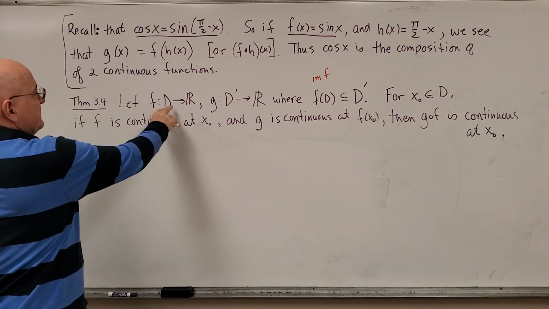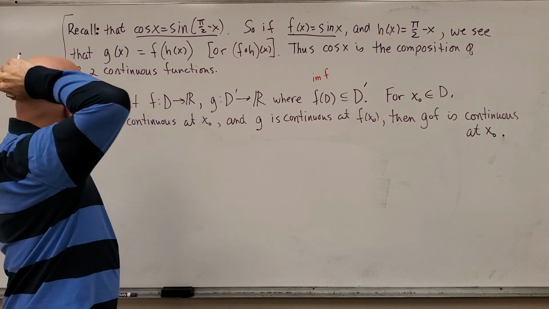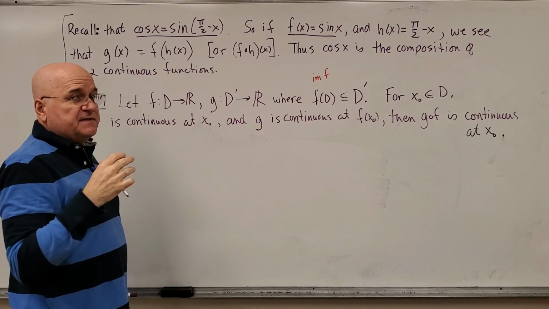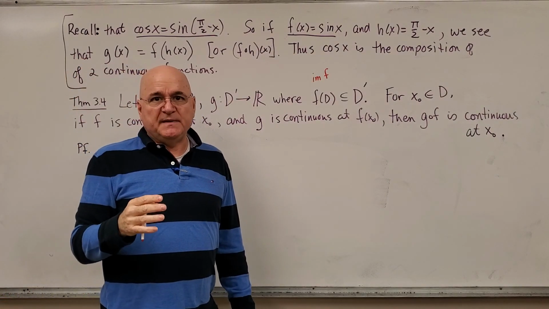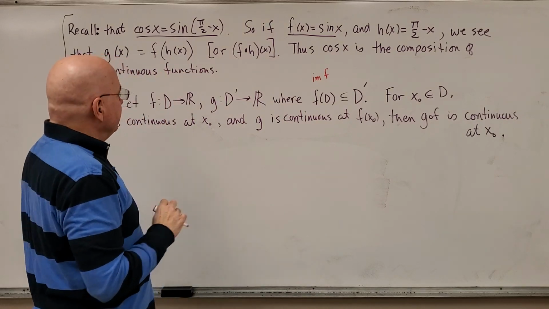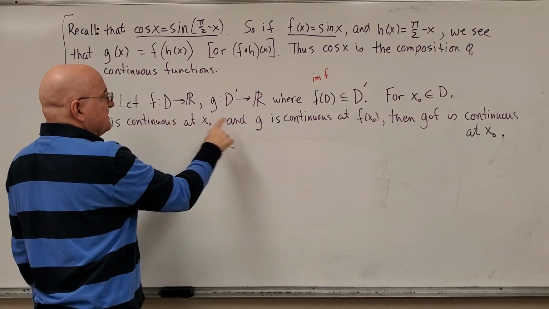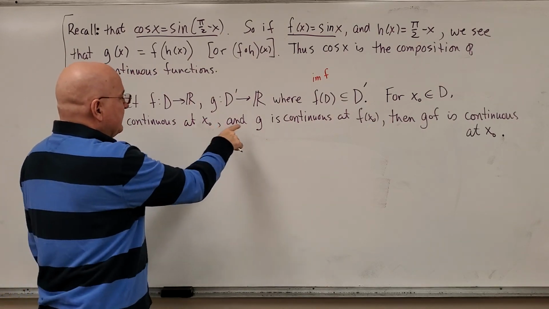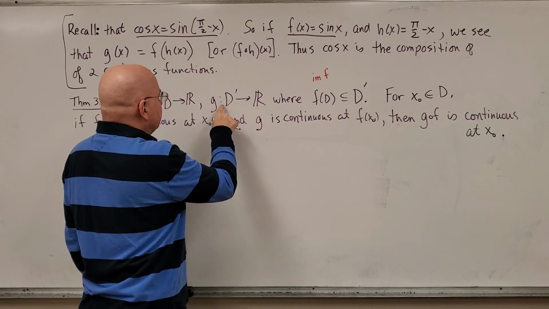Okay, so we're taking these two functions as defined, and it doesn't say that they're continuous functions. That would mean continuous over their whole domain. It just says that this function f is continuous at x naught, and that g is continuous at f of x naught.